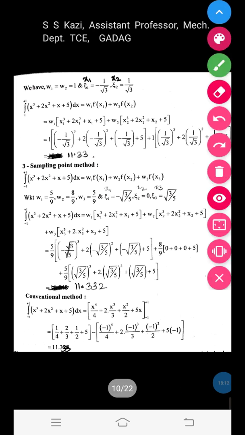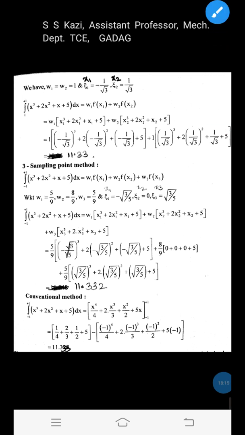Okay, now by using 2 point method, we are using two weights, w1 is equal to w2 is equal to 1, and two sampling points zeta 1 and zeta 2. Here the variable given is in terms of x, we will write x1 is minus 1 by root 3 and x2 is plus 1 by root 3. And this integral can be approximated using 2 point method, w1 f of x1 plus w2 f of x2.